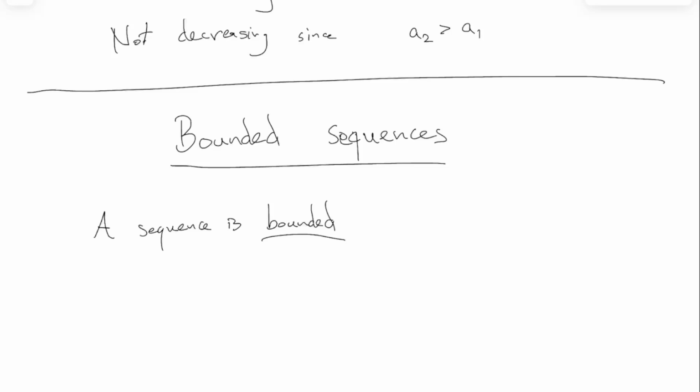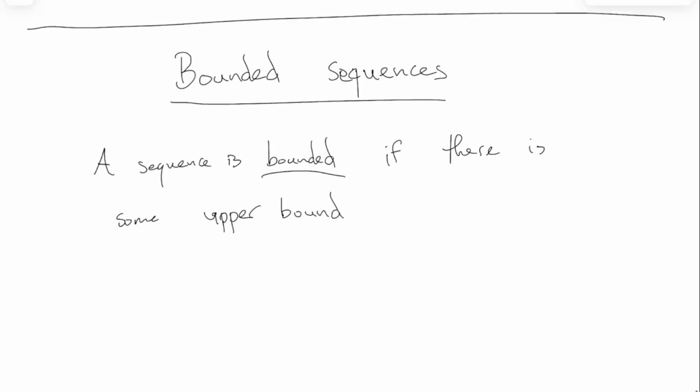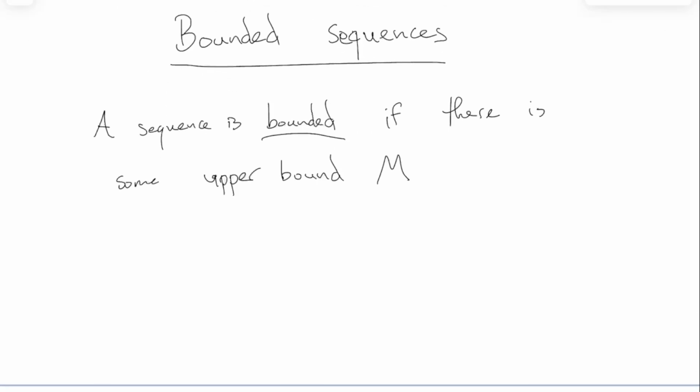So I'm going to say a sequence is bounded if there is some upper bound, which is a number that the sequence never goes above. And that number, in our book, is called M, big M. I imagine M means something like maximum.